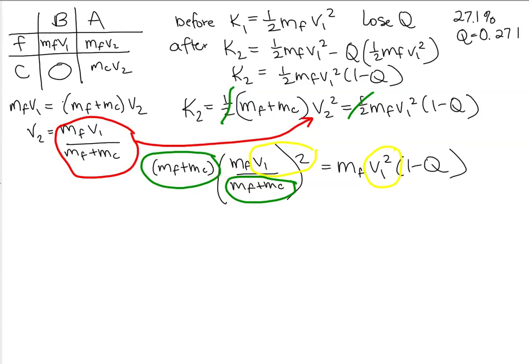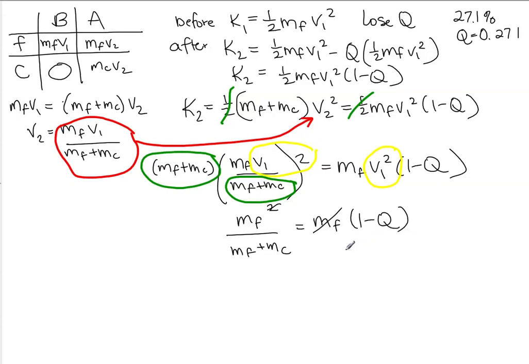And that will just leave us an mf squared on the top, over mf plus mc on the bottom, equal to mf times 1 minus q. And now the mf's are going to cancel out, and all I have is this, the freight car mass, the total mass, and 1 minus q. Now I've got it into things that I know what they are.